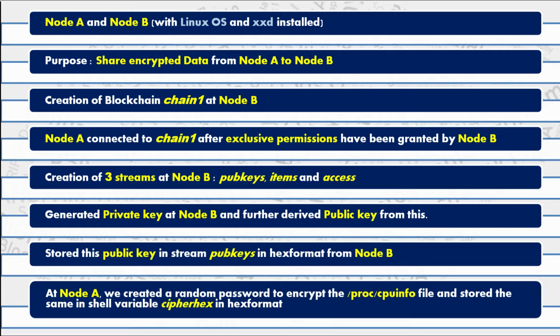Thereafter we came to node A and created a random password to encrypt the data file that we want to share from node A, that is /proc/cpuinfo, and we stored it in a variable known as cipher hex, which is again in hex format.